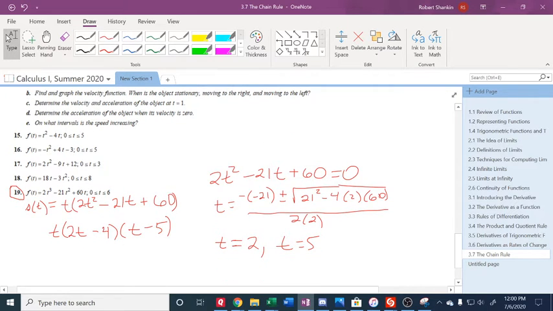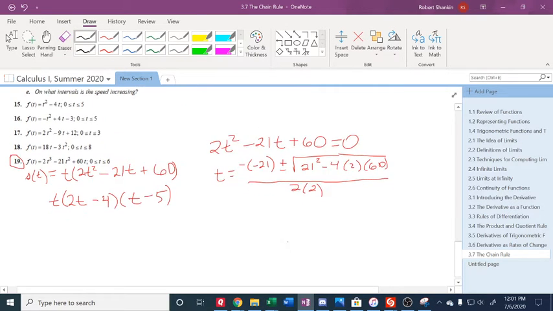Okay, so let's go. Can you take a 2 out of the whole function? No, because the middle term is odd. I don't want to take up too much time with this one because we have a long section here.